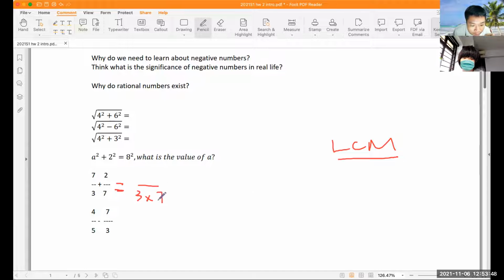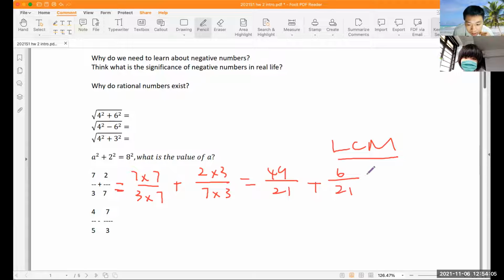Then you know that I need to times 7, both denominator and numerator. So same thing. You times 3, then of course this times 3. Then you will end up with 49 over 21, then plus 6 over 21. And then of course, you add the fractions together, denominator remain the same, and then 55.